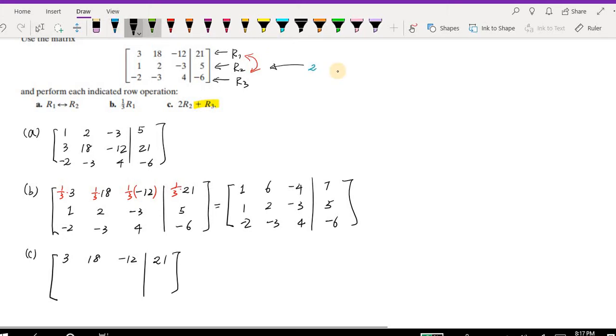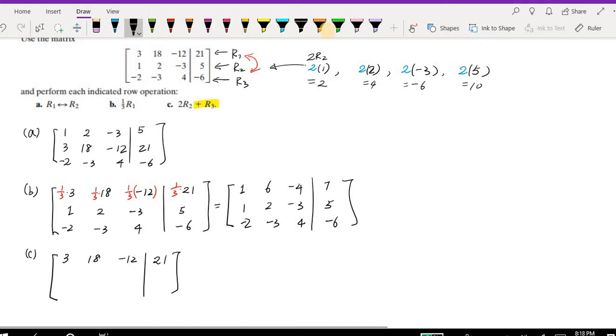That'll be 2 times 1, another 2 times 2. I'm working on R2 right now, so we'll just multiply by 2. Then use 2 times -3, and then 2 times 5. This is a 2. This is a 4. This is -6. And then this is a 10.